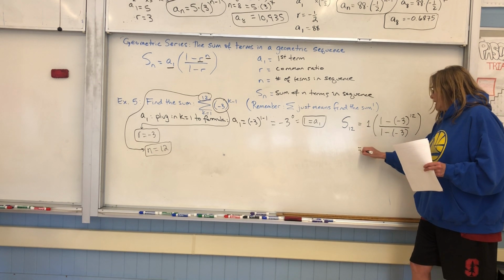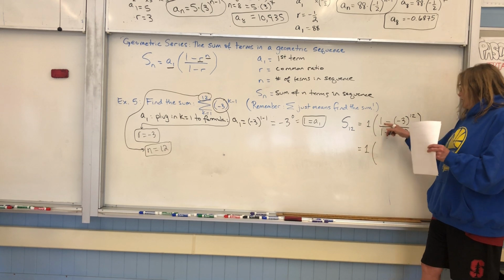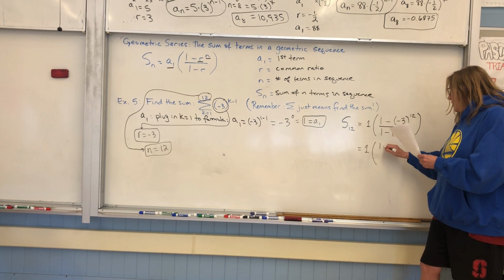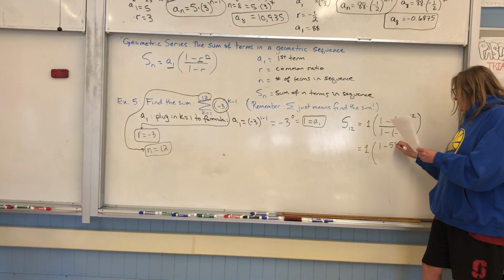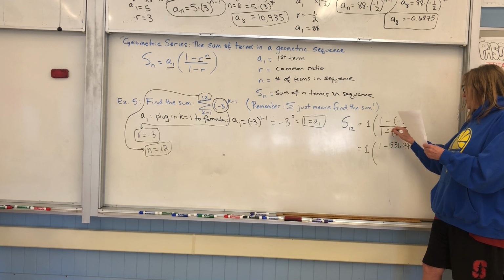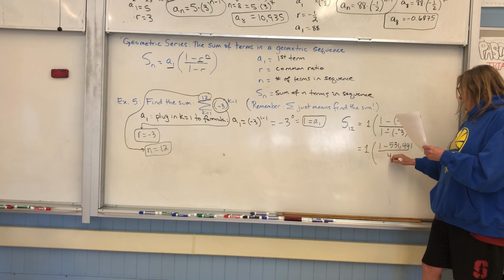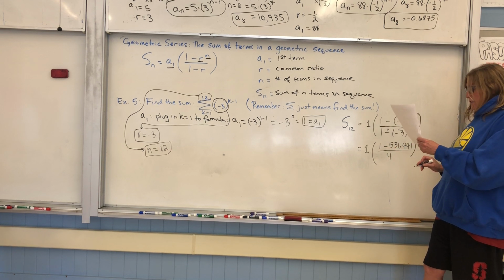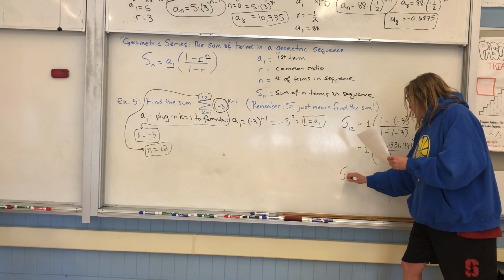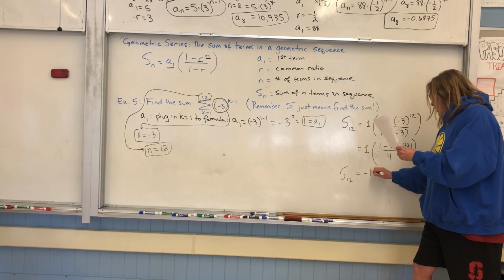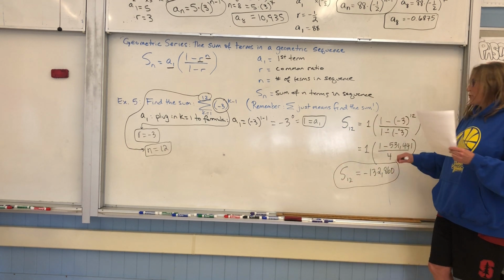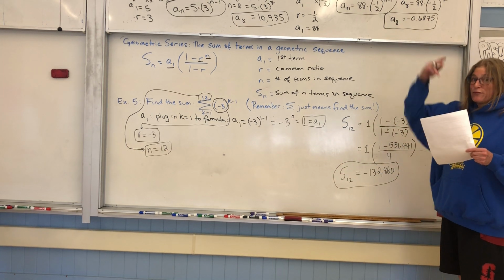So it looks like it's going to be a positive number if I do this out of order, but it's actually 1 minus 531,441. And then down here I am going to do the plus. So guys, S12 ends up being negative 132,860. Now it makes sense that these are going to be really big numbers because when I start multiplying things by negative 3, right, they get really big.